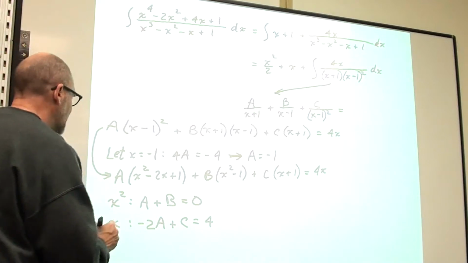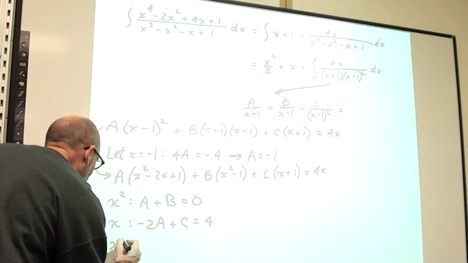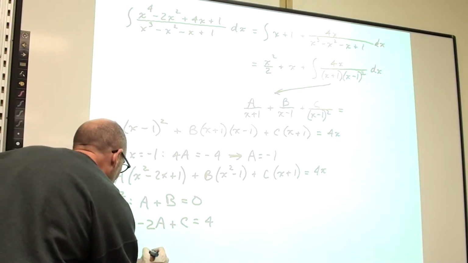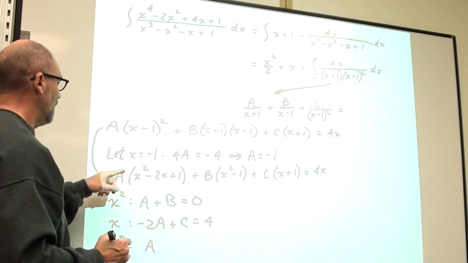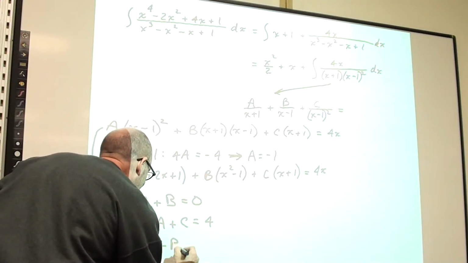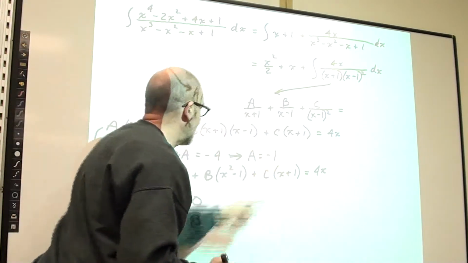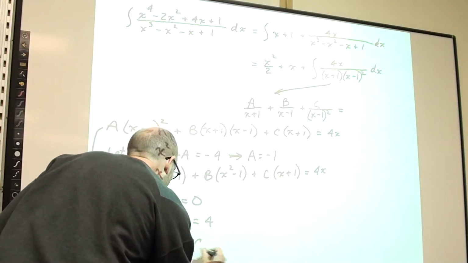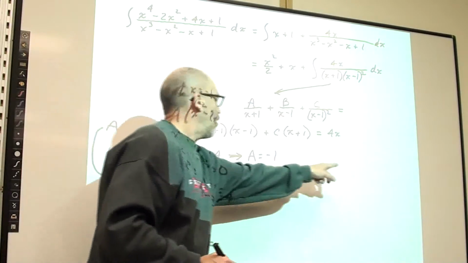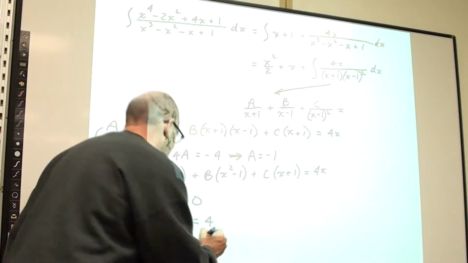And the x to the 0, or the constants, would be A times 1, which is A, plus B times minus 1, which would be minus B, plus C times 1 equals, over here we have no constant, so it's 0.